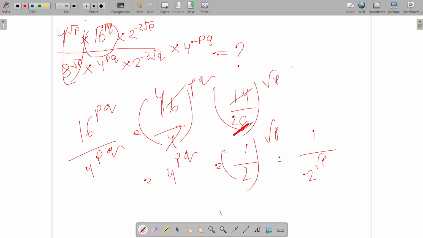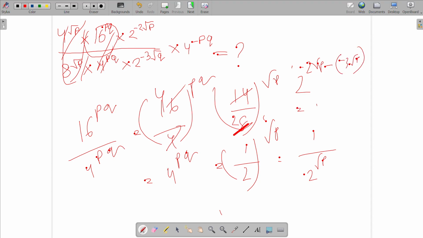Okay, so this is crossed out, this is crossed out. What will happen in this case? These don't share the same power, so we have to apply the formula. If it is minus 2 root p, then it will add up with minus 3 root p.